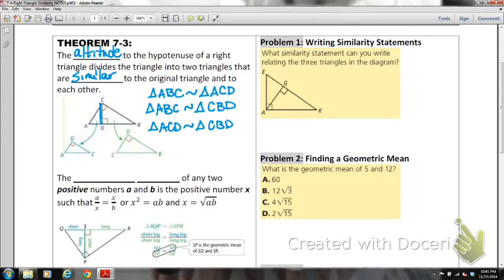Or I could have stated this, instead of three separate similarity statements, as one similarity statement: triangle ABC is similar to triangle ACD, which is similar to triangle CBD. Now you have to be sure that you get these in the correct order. The order does matter in this.